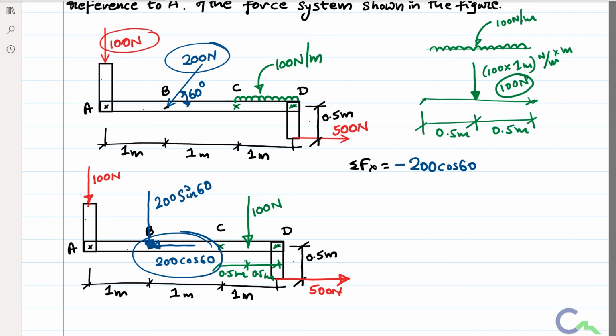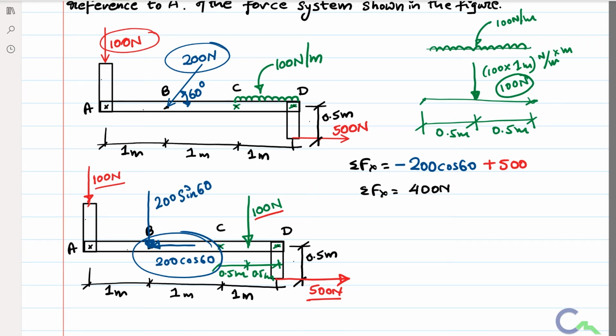Then there is no horizontal component for that 100 Newton force, also for the 100 Newton force of the UDL, because it is acting exactly downward. The only remaining force, that is 500 Newton, is acting in the positive direction, therefore 500 Newton. If I do the summation, I will get sigma Fx is equal to 400 Newton.